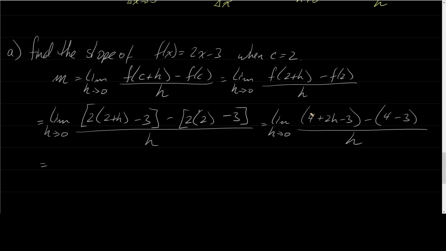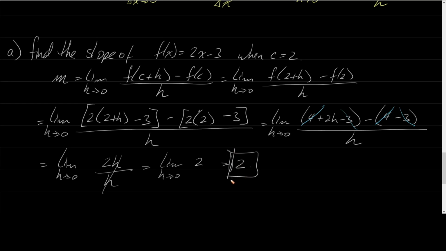Well, 4 minus 4 is 0. I have a negative 3 minus negative 3. That really means negative 3 plus 3, so those cancel each other out. Now what am I left with on top? I have the limit as h goes to 0, and I end up with on top 2h, that's it, over h, which gives me, well, these h's cancel out, so I have the limit as h goes to 0 of 2, which is just 2.